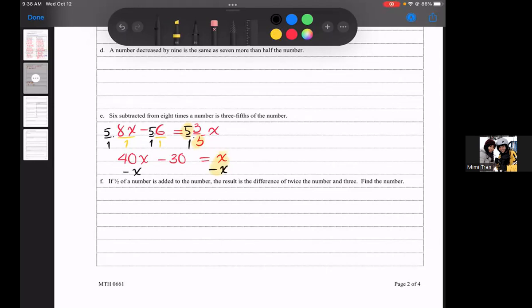Negative 3x. 40x minus 3x is 37x. Minus 30 equals 0. So add 30 to both sides.